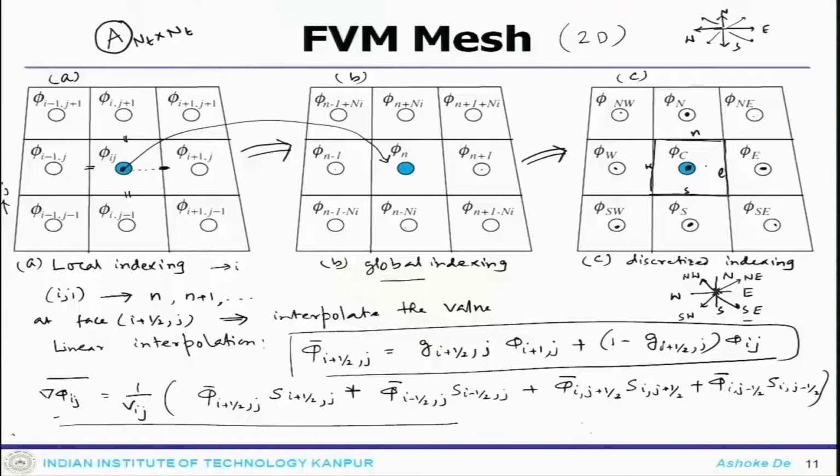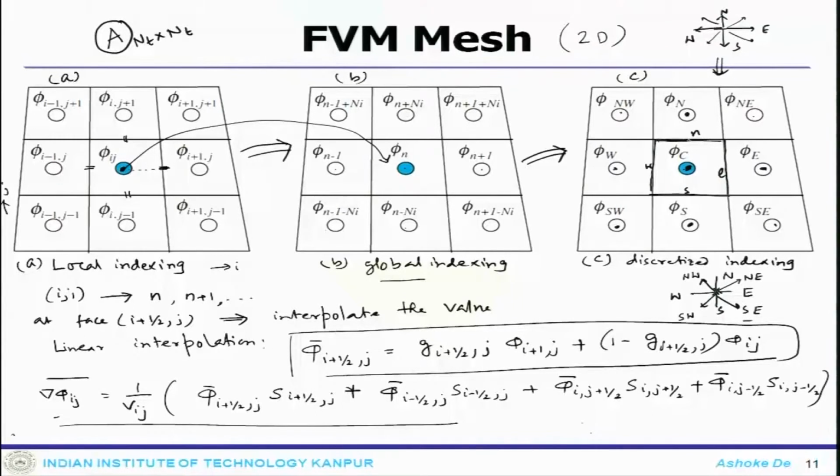Then from there you come down to a discretized indexing, where you can see this direction pattern represented. Something which is ahead of it is east, behind it is west, upper side north, lower side south, southwest, northwest.